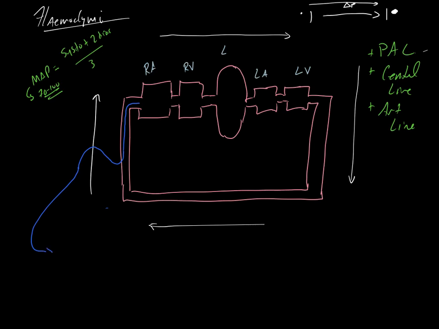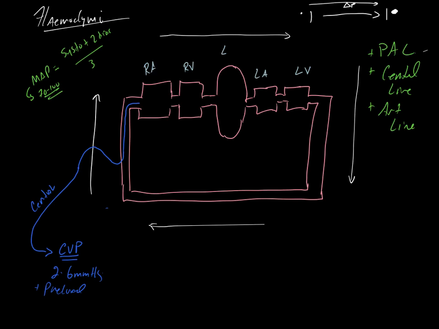And what parameter am I typically monitoring with a central line? Yeah, but what value? What concept am I looking at? Yeah, I'm looking at the CVP. And what is a normal CVP? Good, 2 to 6 millimeters of mercury. And this tells me something about the preload, for sure.